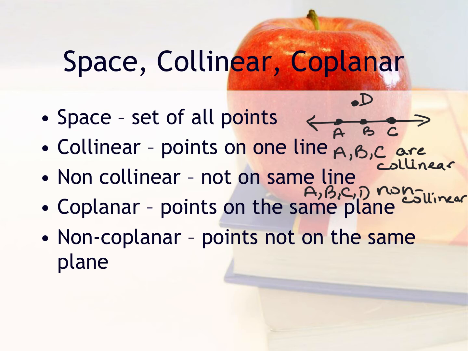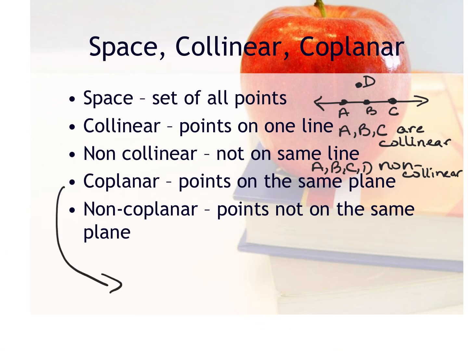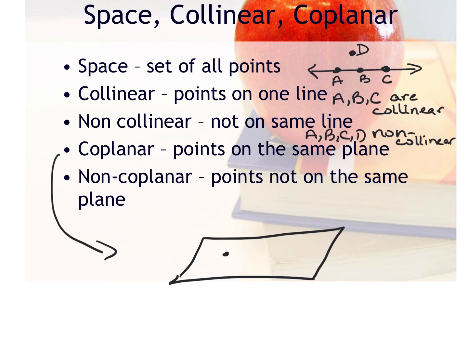When I talk about points being coplanar, that means that the points are all on the same plane. So again, I could draw my quadrilateral here, and I could put 3 points in here. You need at least 3 points that are not on the same line to name a plane. So Y, X, Z. So I could say that points X, Y, Z are coplanar because they all are inside that quadrilateral figure.